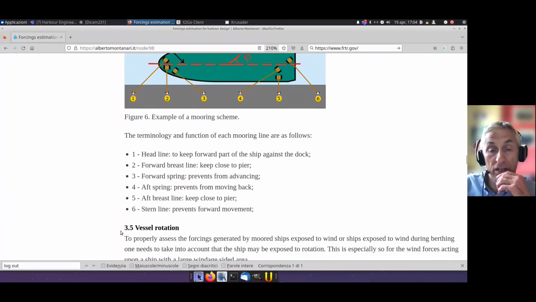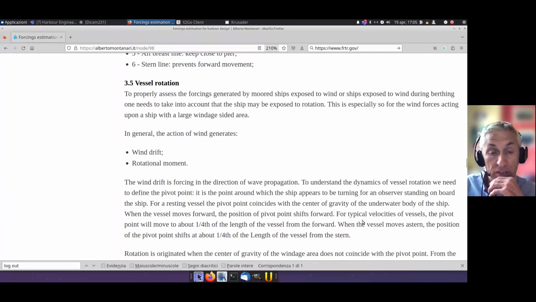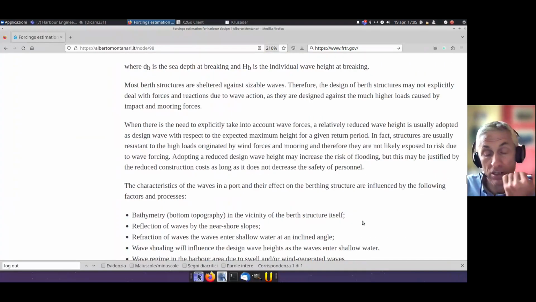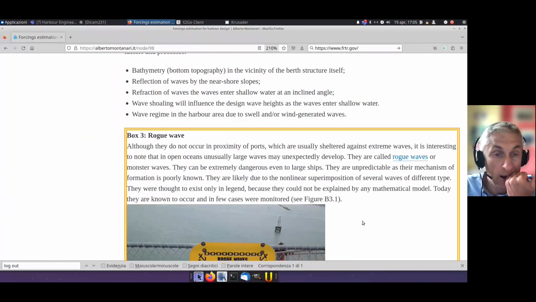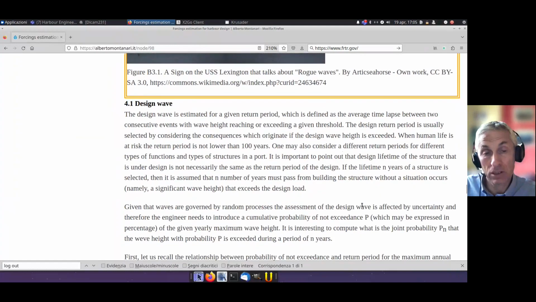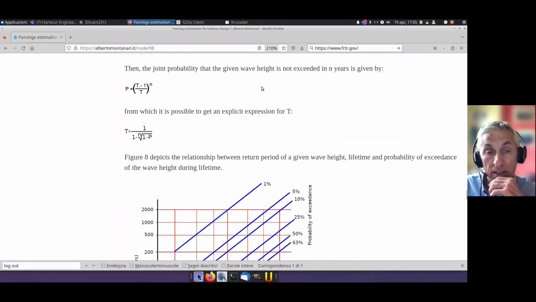Also, the terminology and function of each mooring line are maybe the subject of a question. And vessel rotation as well, wave forces, not the formula. So a question may be how would you compute wave forces, but you don't need to know the formula.